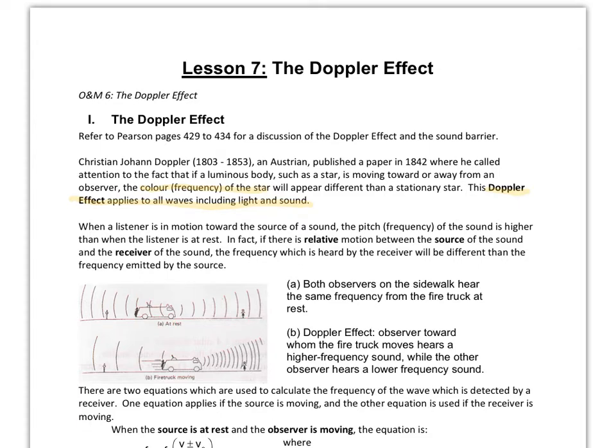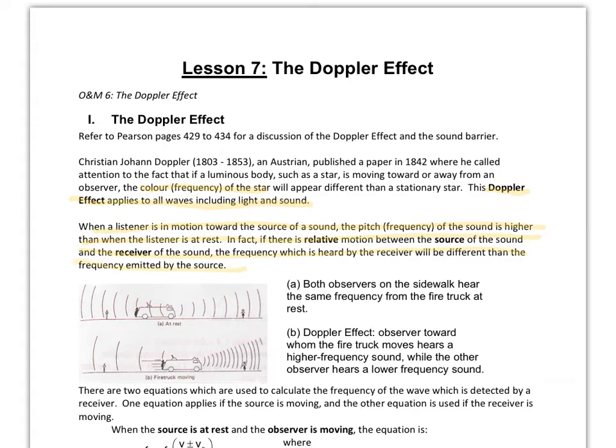Now if the fire truck is moving, so there is relative motion between the source of the sound and the receiver, whether the source is moving or the receiver is moving, the frequency heard by the receiver will be different. All of this is important.